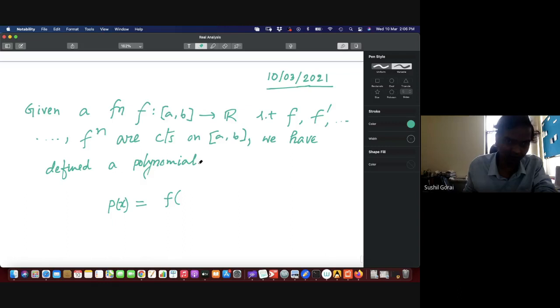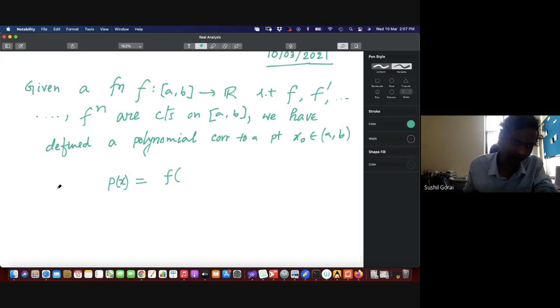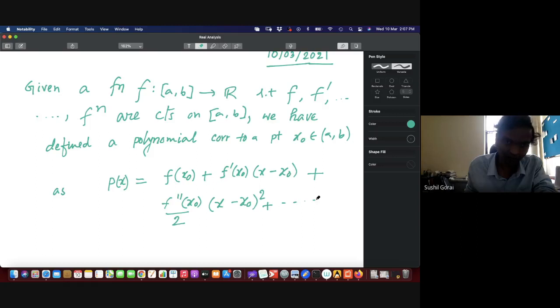We define a polynomial corresponding to a point x naught in [a, b] as f of x naught plus f prime x naught times (x minus x naught), plus f double prime x naught by factorial 2 times (x minus x naught) squared, and so on.